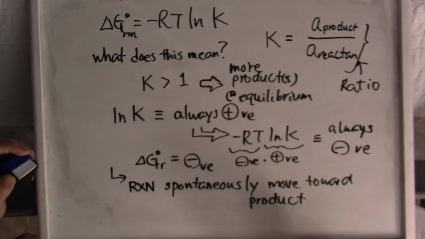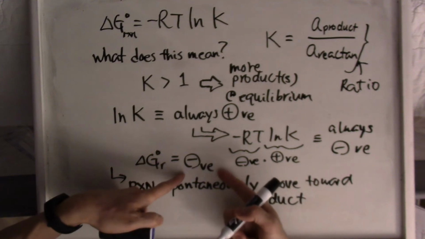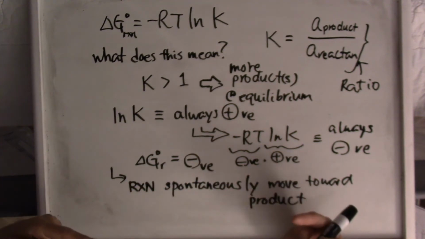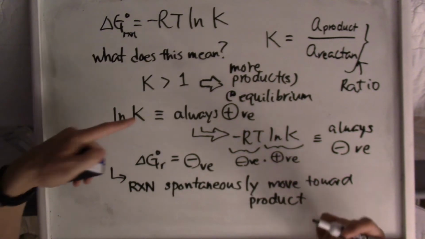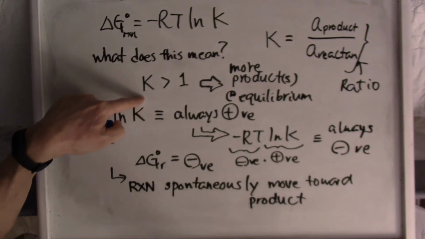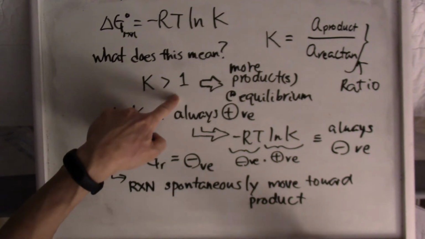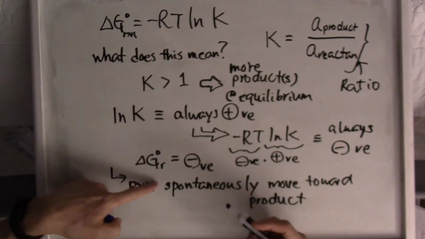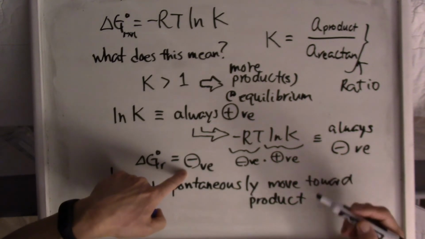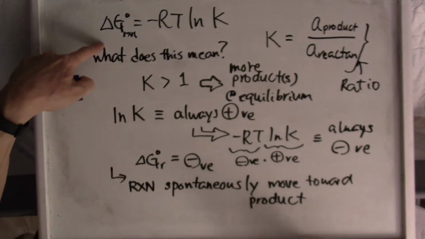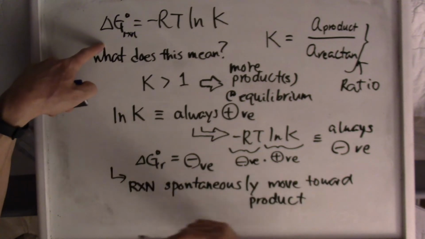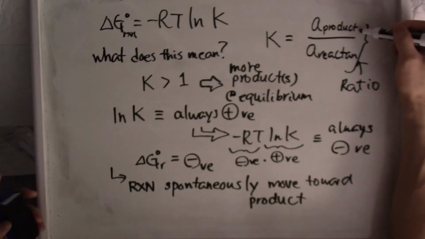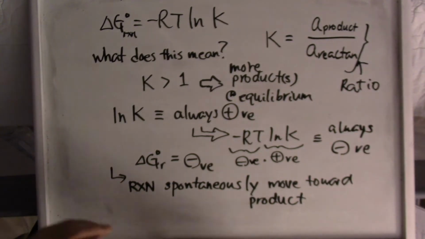Negative means the reaction is spontaneous. Depending on the magnitude of K, the higher it is, the more negative it's going to be. So the equilibrium constant is related to delta G. The energy is used to drive the reaction forward toward the product, so that you have more products at the end. Kind of interesting.